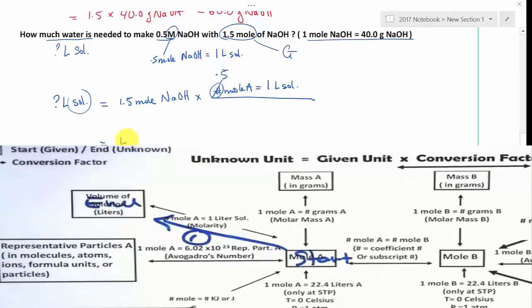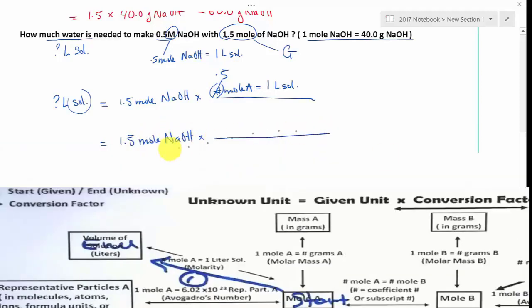Now let's rewrite this. 1.5 moles of NaOH times, if this is moles of NaOH, on the bottom part would be the moles of NaOH, which is A right there. So let me read that for you. Isn't that easy? So 0.5 mole of NaOH, on top would be 1 liter of solution.